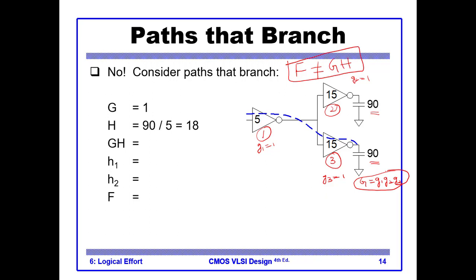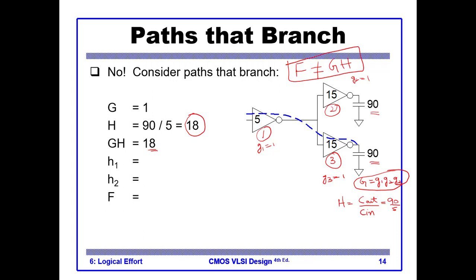Capital H was defined as C out divided by C in of the path. So C out is 90 divided by C in 5, which is 18. So this is the capital F. What is G into H? G into H is basically 18.